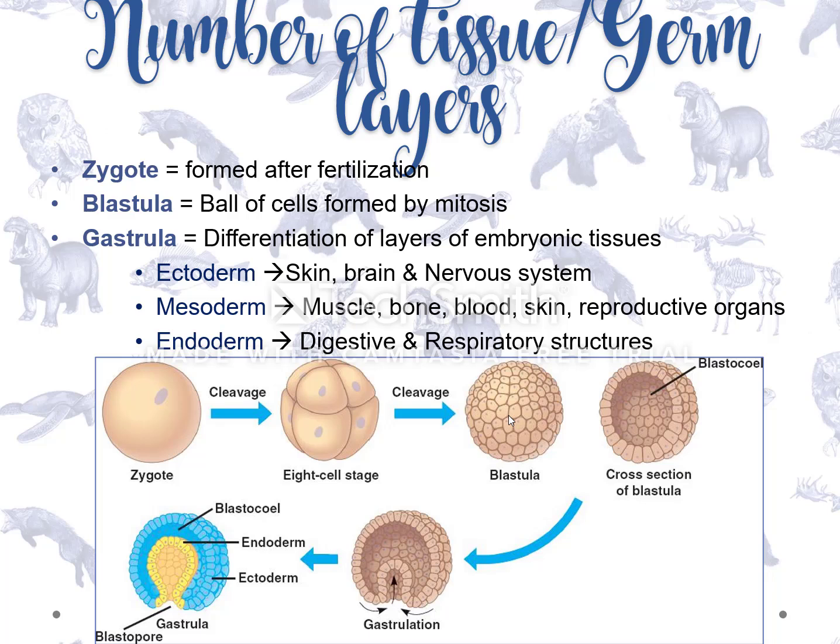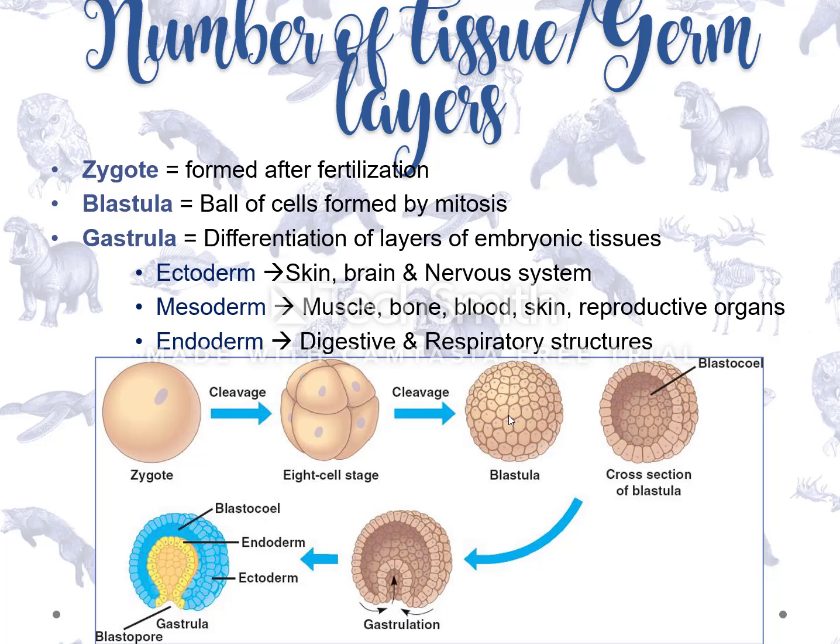The third body plan is how many tissue layers the embryo has. We call them germ layers. So again, I'm just going to remind you what I said earlier. When an egg and a sperm fertilize, they form a zygote. That zygote then starts to grow into a ball of cells by mitosis.